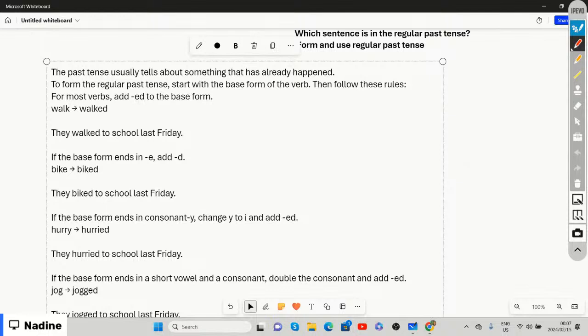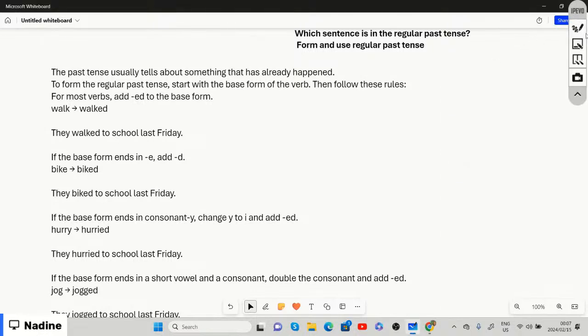All right. So when it comes to past tense, remember, before we even start, the different tenses are present tense, past tense, and future tense. If we sit in the past tense, we specifically talk about things that have already happened.